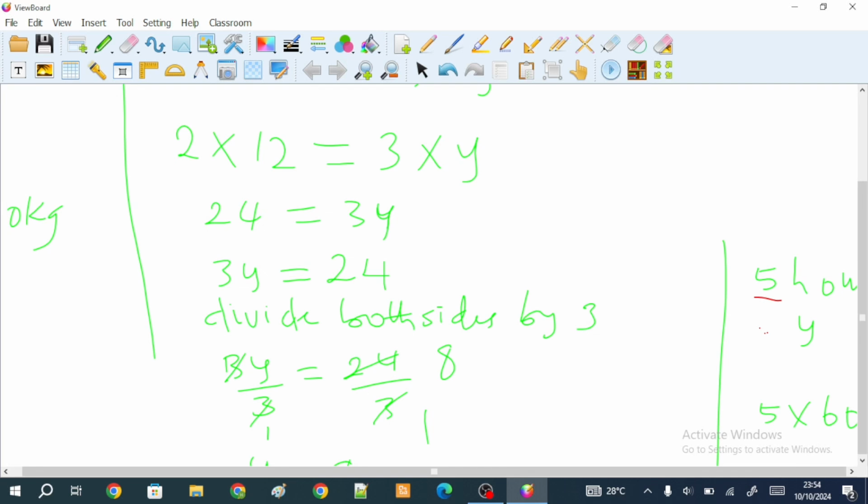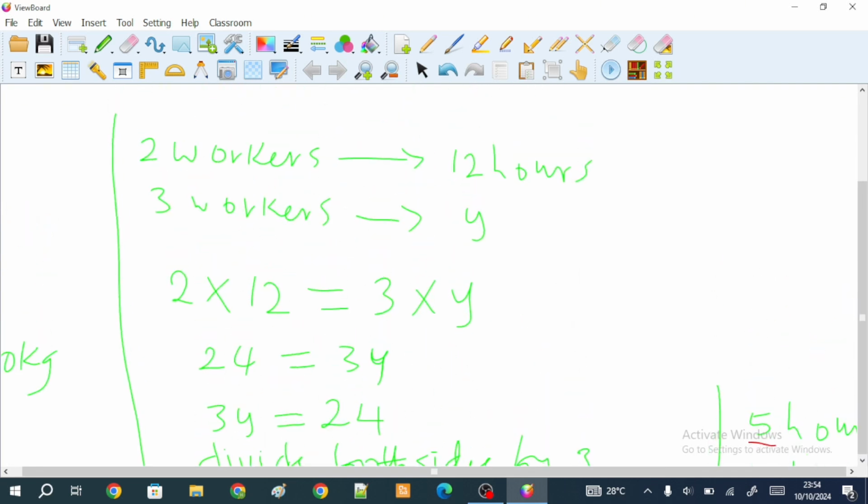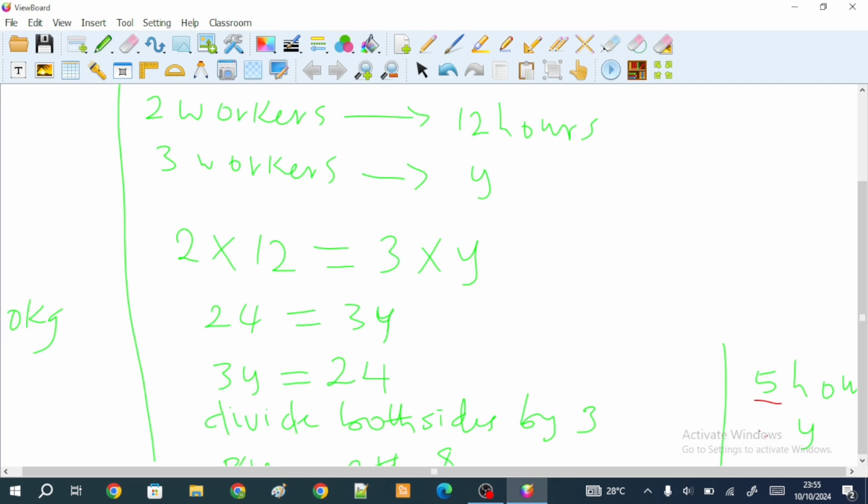Okay, in this example we had 3 workers for 12 hours, 2 workers for 12 hours. So if we increase 2 to 3, that's 3 workers, whatever number we're supposed to get is supposed to be smaller, because it's indirect proportion. When one number increases, the other one should decrease, or when one number decreases, the other one should increase. So that's why we increase 2 workers to 3 workers.